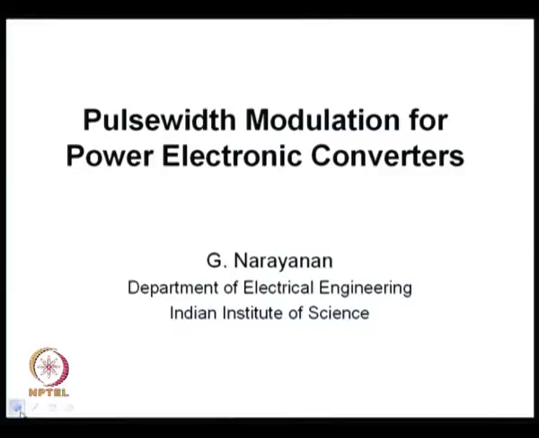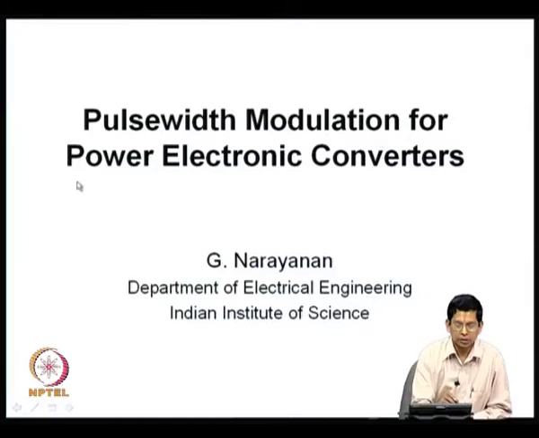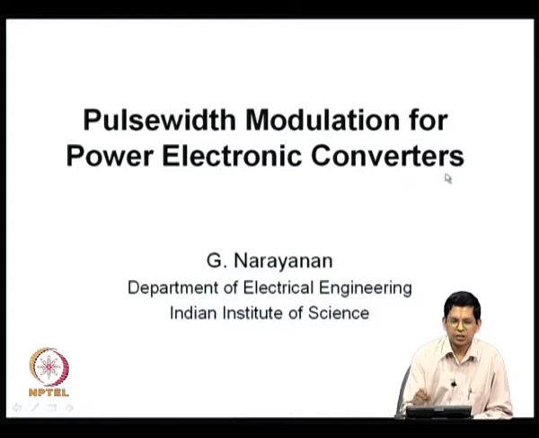So, now we get on to the title of this course, and today I will try presenting an overview, or an introduction, to what this course is going to be about. In the title you find two terms: one is pulse width modulation and the other is power electronic converters.